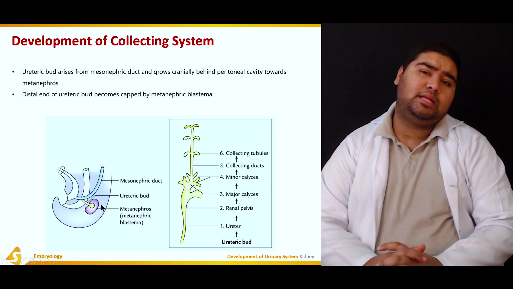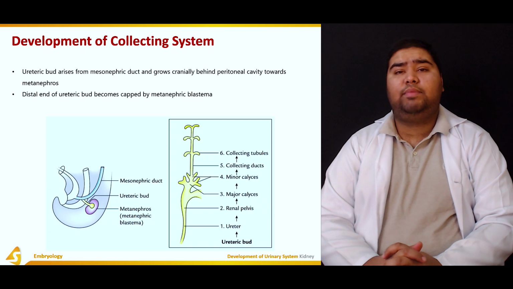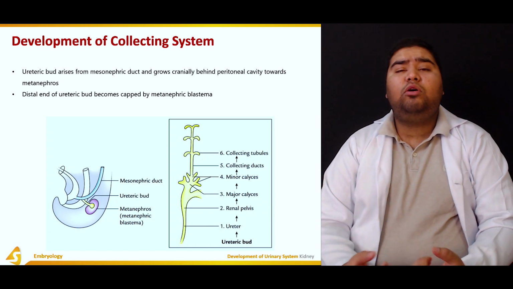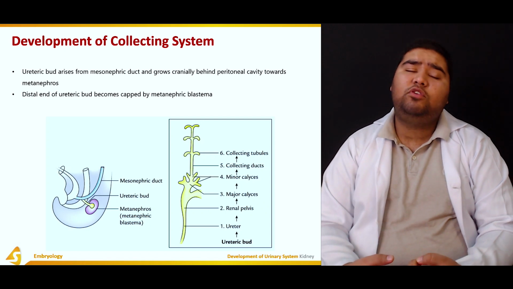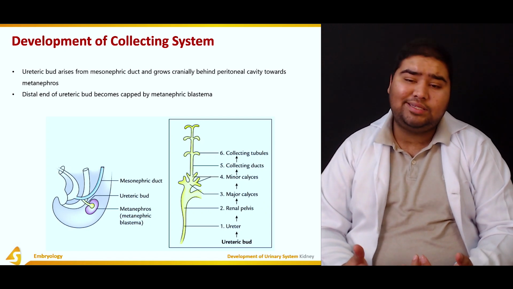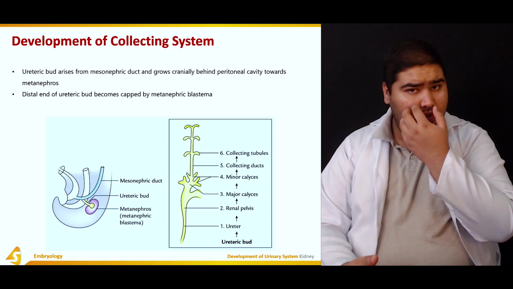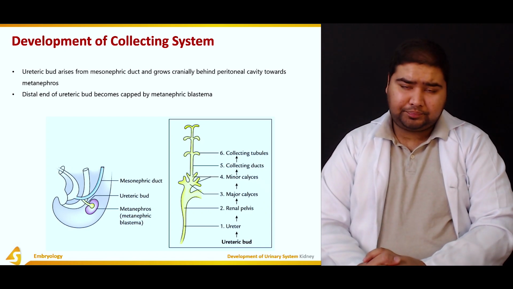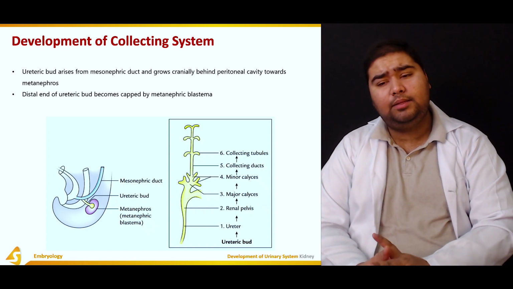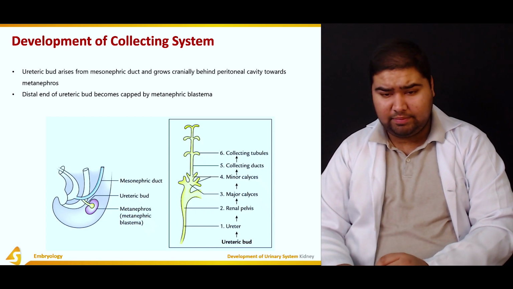What actually is the metanephric blastema? It's a ball of rapidly proliferating cells that is responsible for the formation of the adult collecting system. So the terminal portion of the ureteric bud is covered by the metanephric blastema.